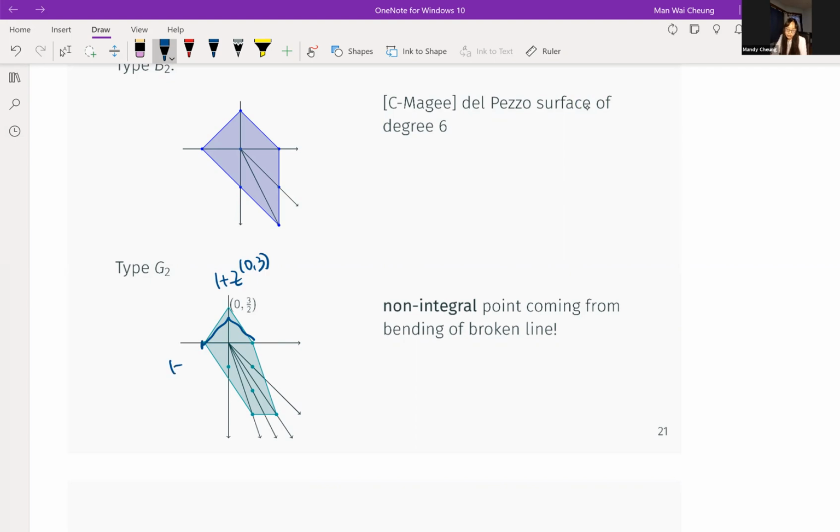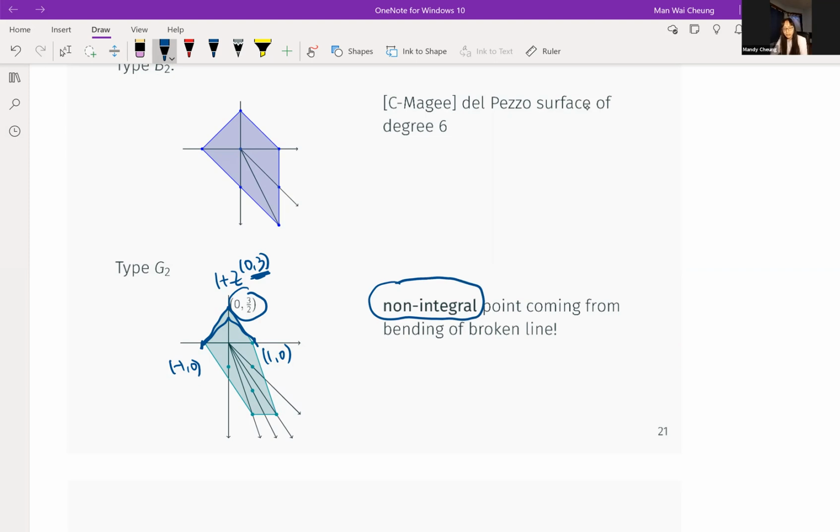If I contain this point minus 1, 0, and 0, 1, 0 here, because you can see I changed the slope by 0, 3, I will have this broken line segment passing through this point 0, 3 half, but it will have the endpoint minus 1, 0, and 0, 3. So you can see for this polytope, we need to carry the non-integral point, a rational point.